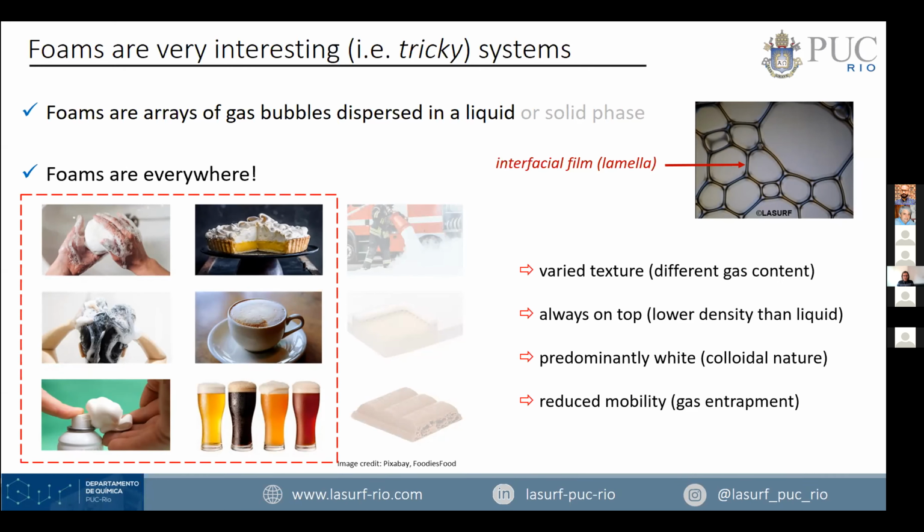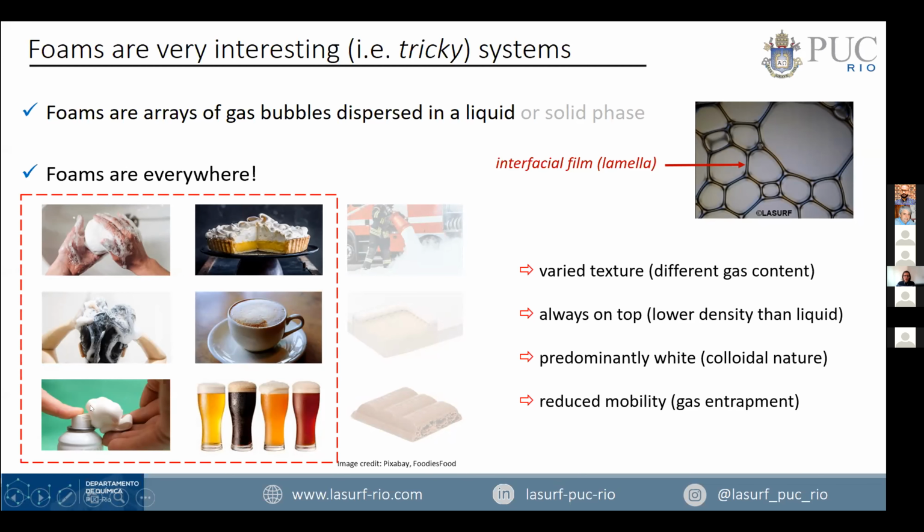First, you can see there is a varied texture of the foam. That means they contain different amounts of gas. The foam phase is always on top. So foam is a fluid with a lower density than the liquid that is one of the phases. And they are predominantly white, regardless, as you can see here, of the original liquid phase, and that's because they are colloidal in nature. They also have a reduced mobility.